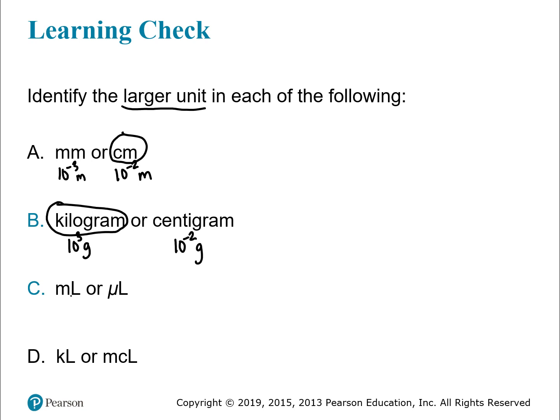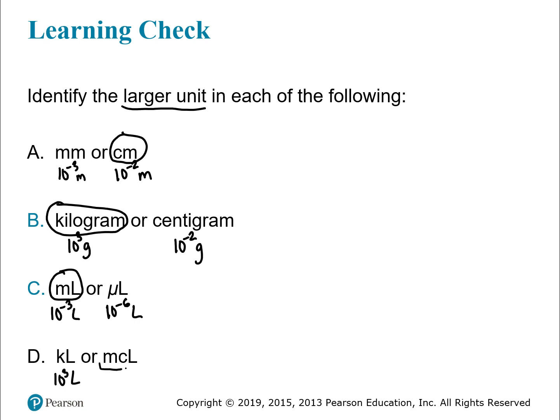For C, we've got milli versus micro. So milli, like we said before, is 10 to the minus 3. Micro is 10 to the minus 6. So the bigger one is going to be milliliter. And then finally, in D, we've got kiloliters, which is 10 to the third.